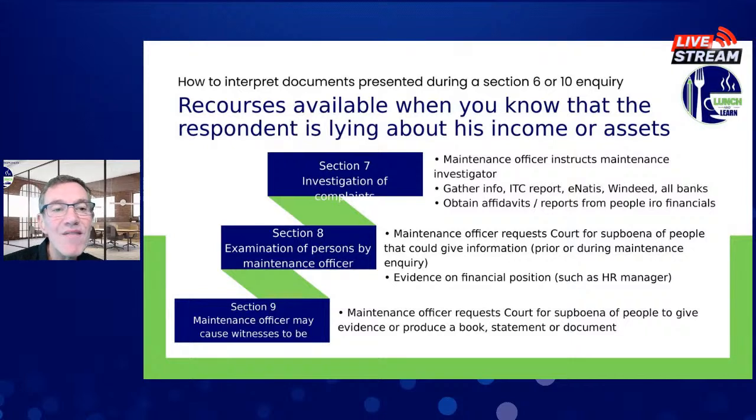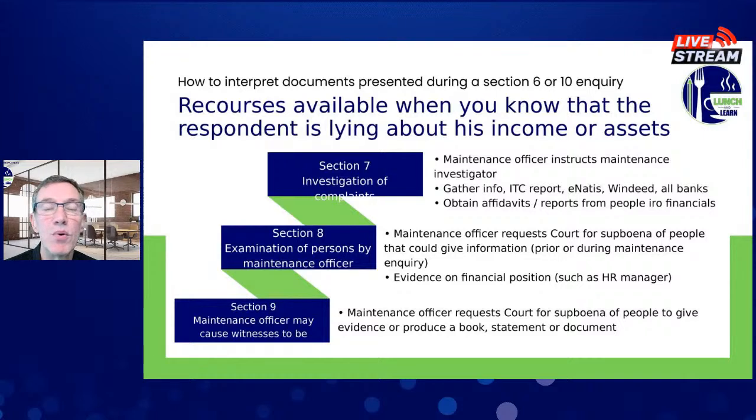During a Section 7 investigation, just even before the formal Section 6 inquiry, the maintenance officer could instruct the maintenance investigator to do a complete ITC check. That should be done actually as a default. Unfortunately, they do not have the time and the capacity and the money to do that at each and every case.